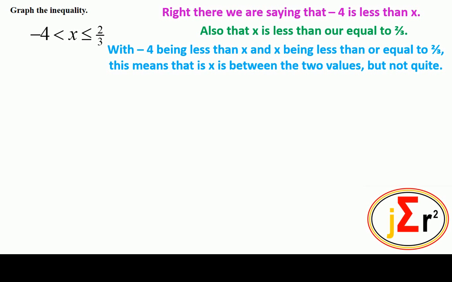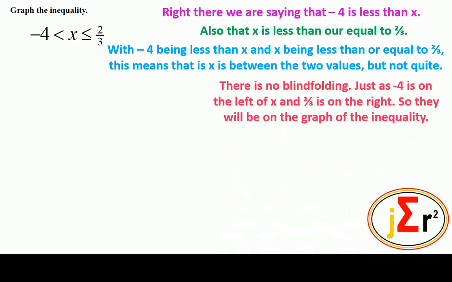So, because we have negative 4 is less than x is less than or equal to 2/3, we are saying that the value of x must exist somewhere between negative 4 and 2/3.